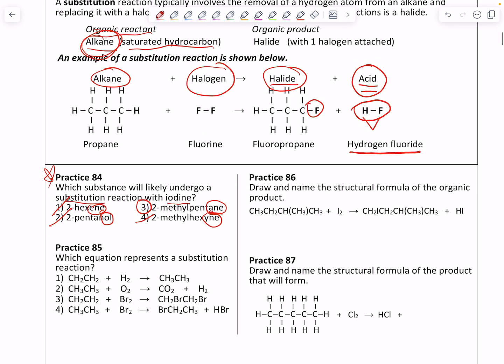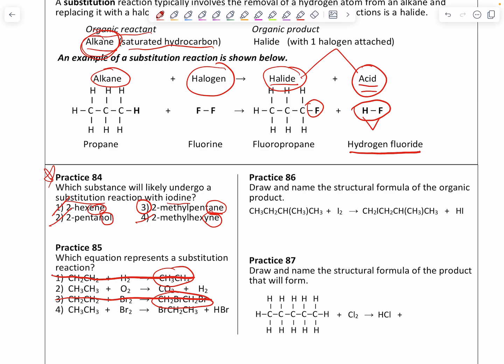So if I look at the answer choices here, it's pretty obvious that I could eliminate number 1 and number 3. And the reason I can eliminate those is because if I look, they don't even have 2 products, okay? Our pattern up here, we have to have 2 products, the halide and the acid. So I can eliminate those 2, okay?